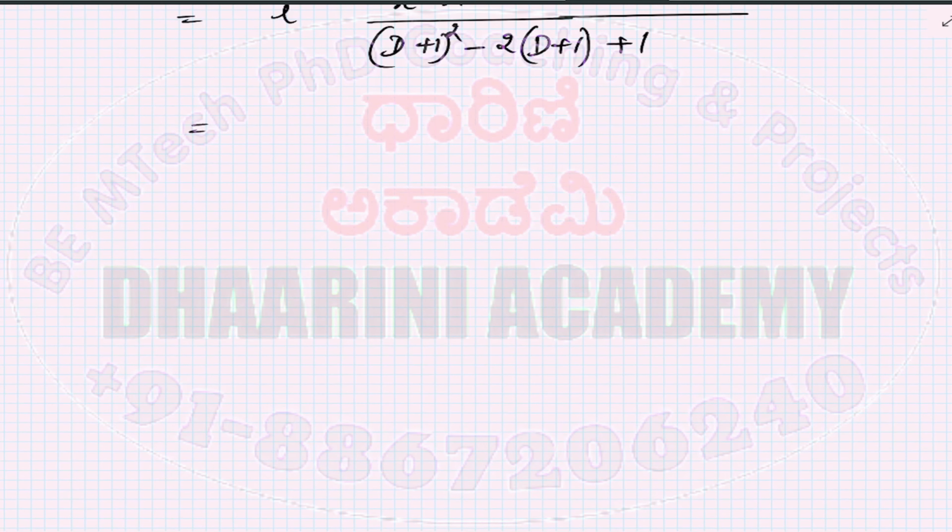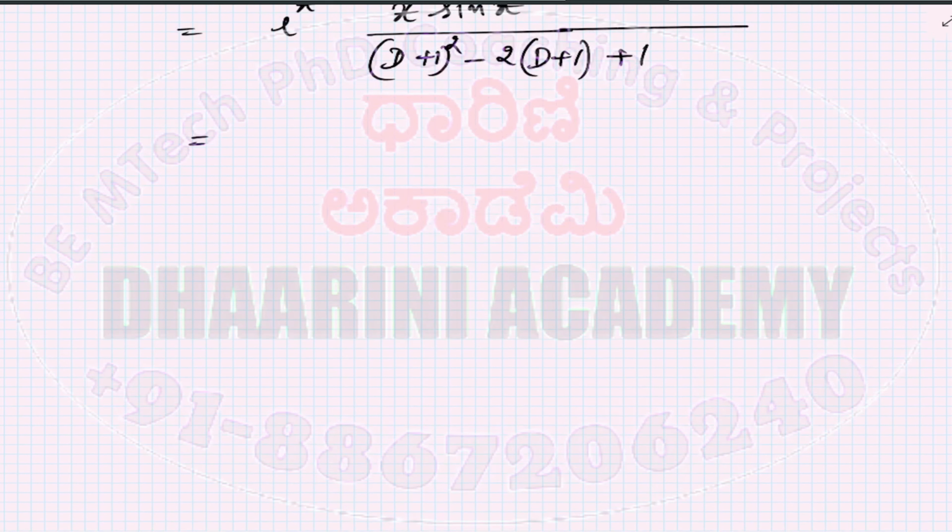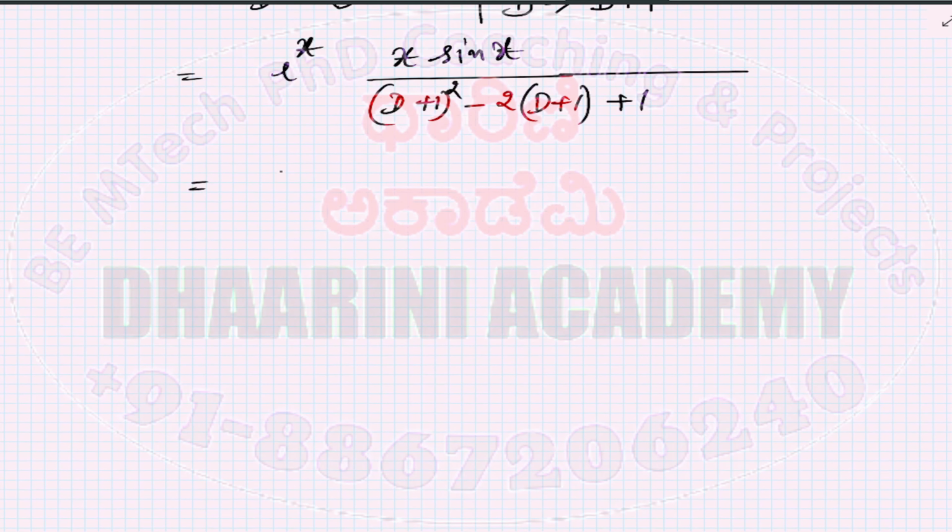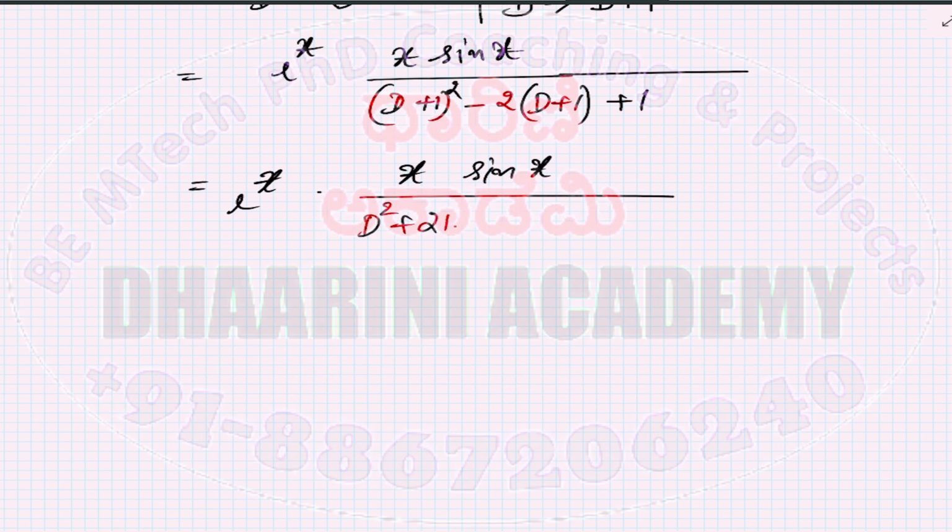All right, so now I can rewrite this as e to the x into x sine x whole divided by, expand the d plus 1 whole square, which is d square plus 2d plus 1 minus 2d minus 1 and plus 1. So I can see that minus 2d plus 2d cancels, plus 1 and minus 1 also cancels.